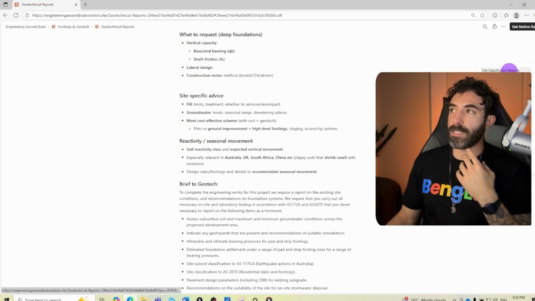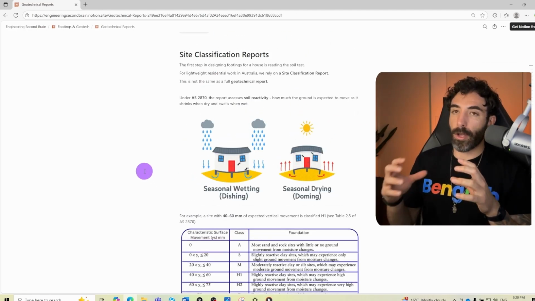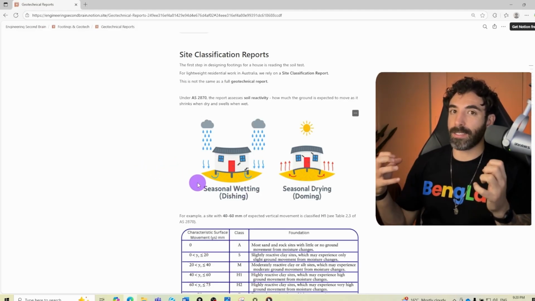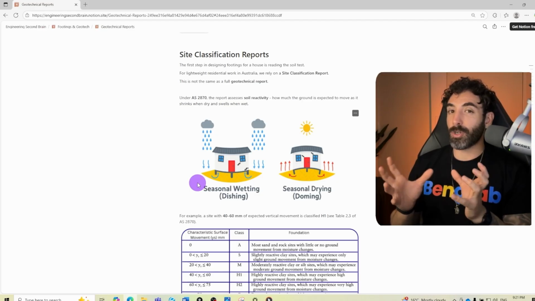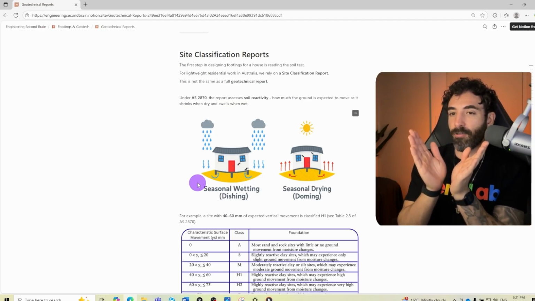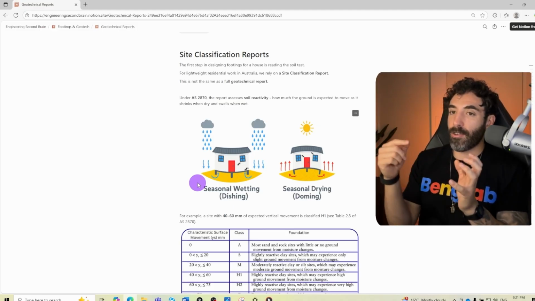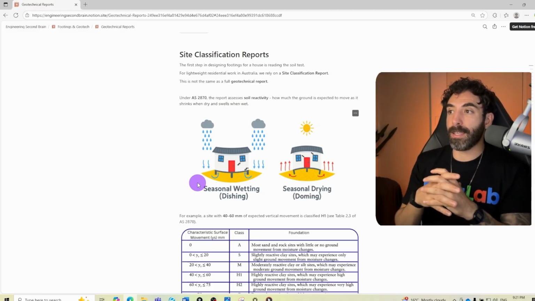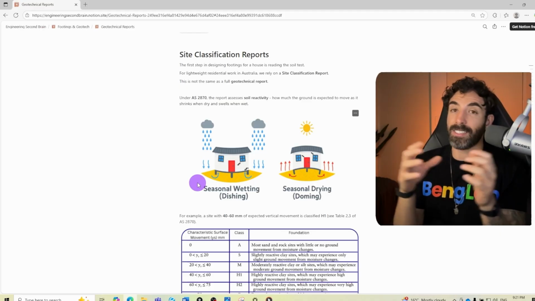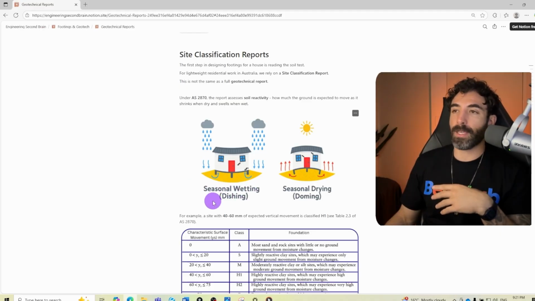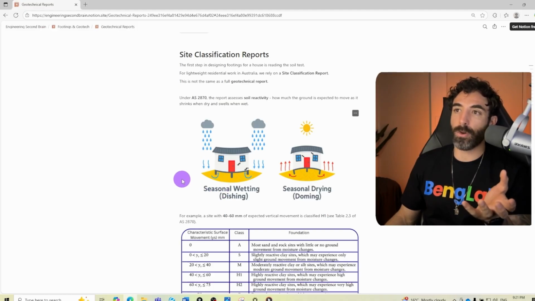So in the dry season, the soil shrinks, and in the wet season, the soil expands. If you look at some clay soils in dry season, you can see that they even form cracks. And then when it's wet season, those cracks fill with water and the clay expands. And it doesn't expand only sideways, it also expands up and down. And as a result, the slabs and footings will also move.